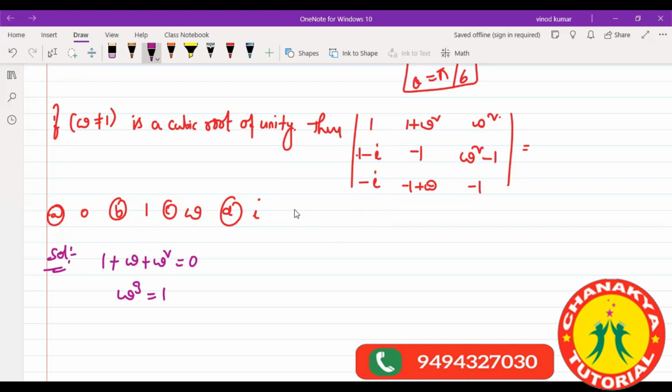Suppose we take R1 going to R1 plus R3. That means row 1 will be added with row 3.